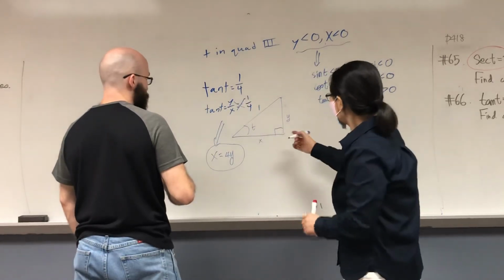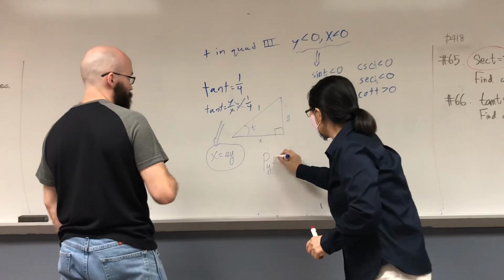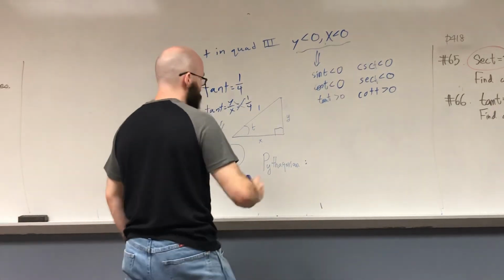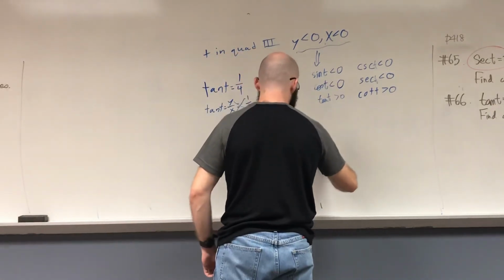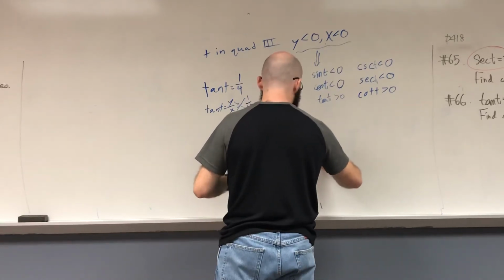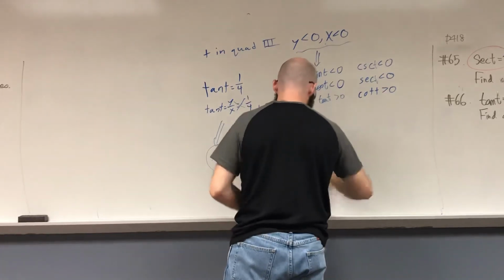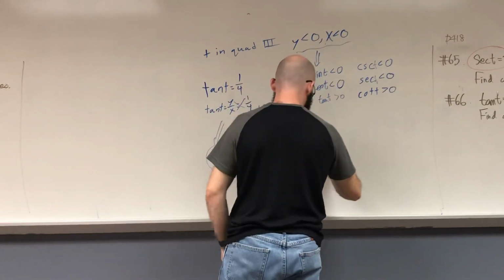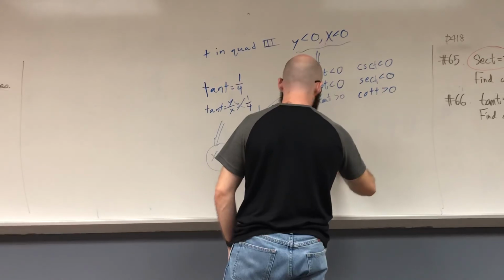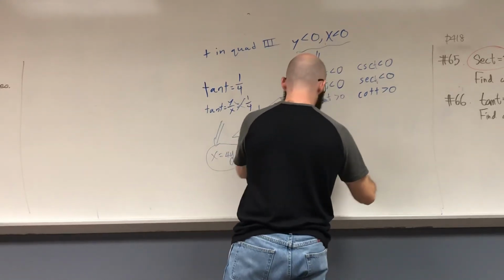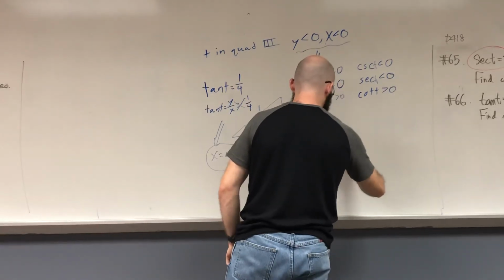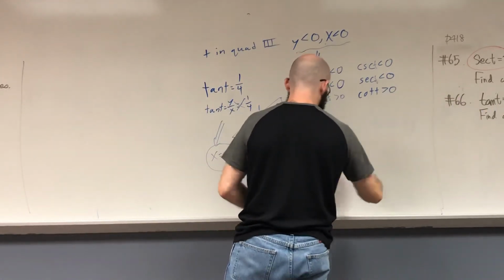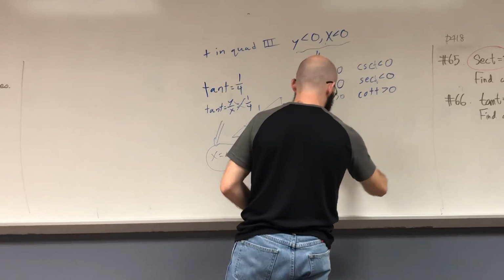Okay, so here, think about Pythagorean. What is Pythagorean here? 1 squared equals x squared, which is 4y squared, plus y squared.